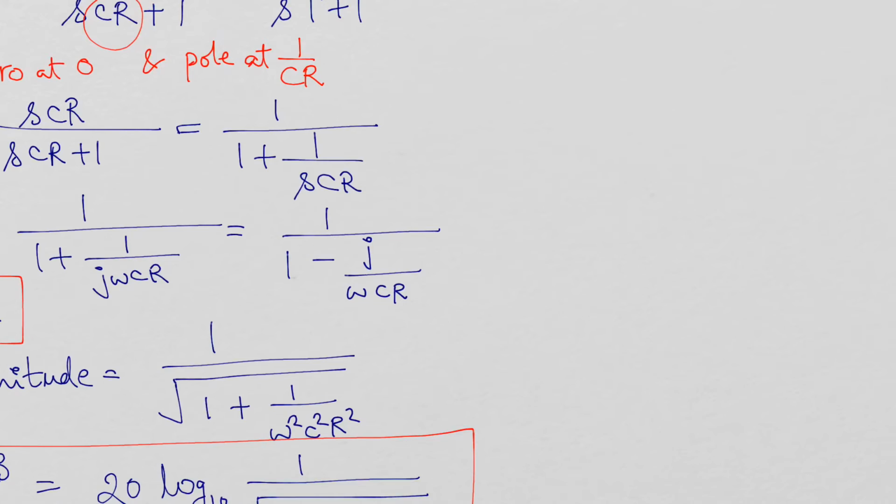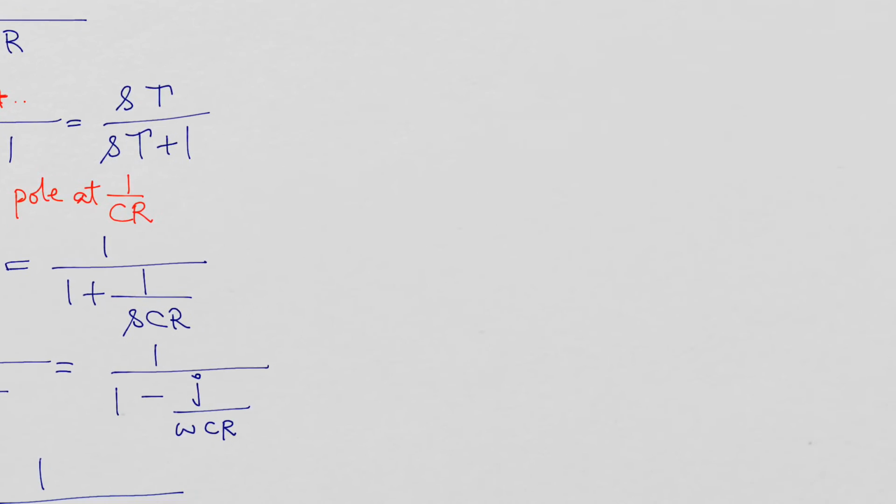Now let's get the phase. We know this is 1 over 1 minus j over omega CR. The phase would be, because it's in the denominator, you put a minus first, and then tan inverse of the imaginary part over the real part.